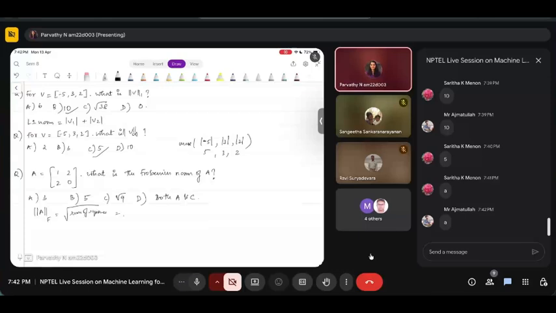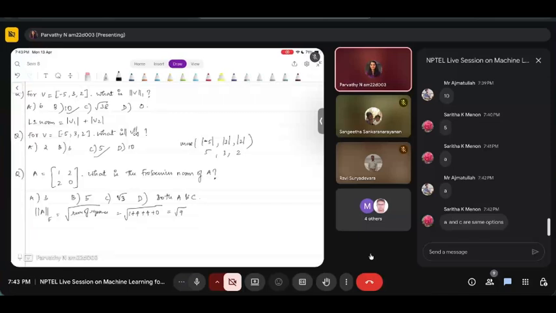So that is square root of 1 plus 4 plus 4 plus 0. So that is square root of 9, which is 3.